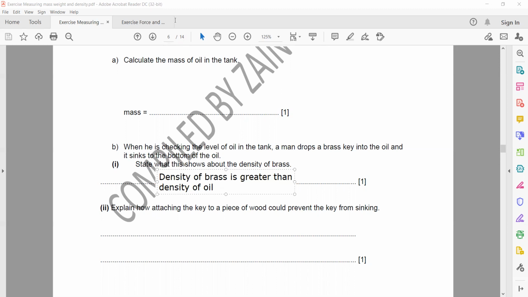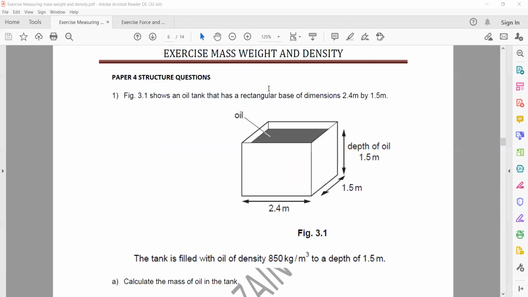Then the third part: explain how attaching the key to a piece of wood would prevent the key from sinking. For example, if we have a key here and we attach a piece of wood to this key, what we observe is that it does not sink.